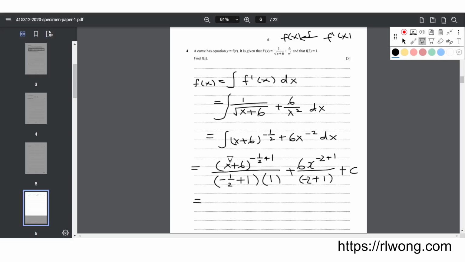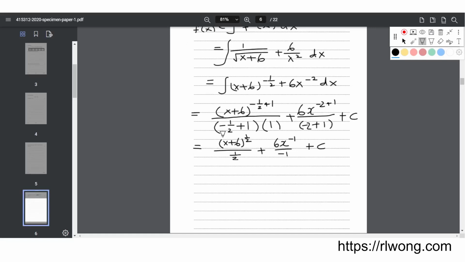So simplifying this, I'll have (x plus 6) to the power of half over half, then here I will have plus 6x to the power of minus 1 over negative 1. Let me further simplify this. Power half is simply square root. 1 over half is 2. So I have 2 square root of (x plus 6), minus 6 over x plus c.